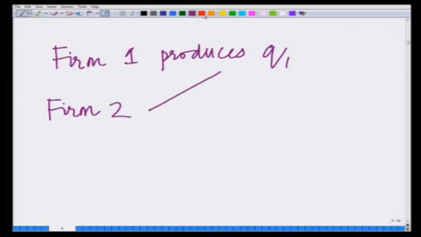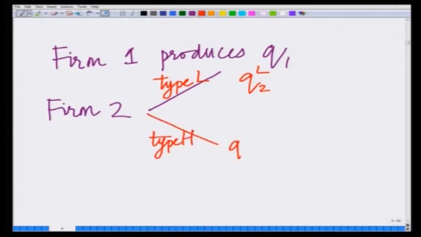Let us say firm 2 of type low produces Q2L and firm 2 of type high produces Q2H. We are saying firm 2 of type low chooses the action Q2L, and firm 2 of type H, with high production cost, chooses the quantity Q2H.